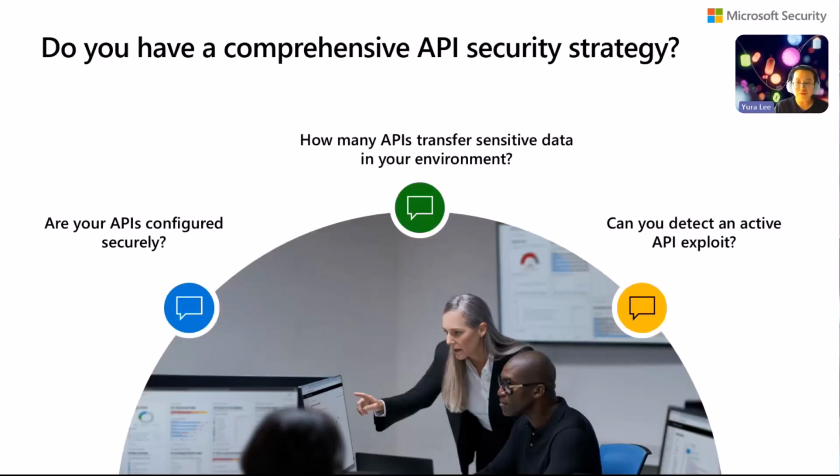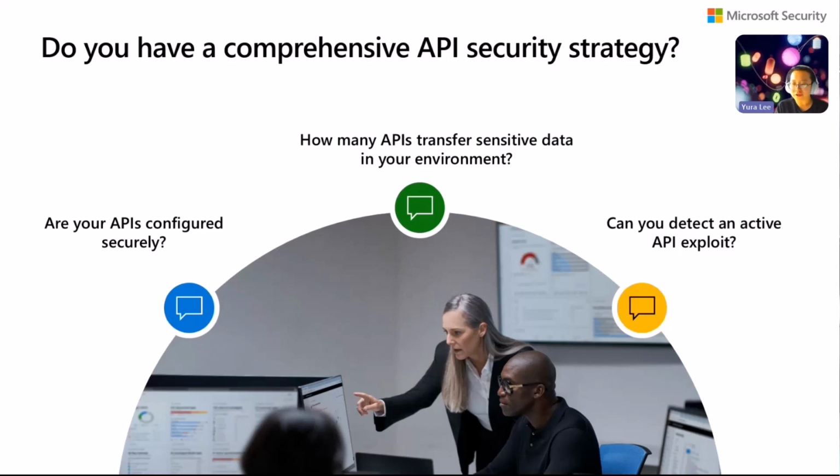And so this is why we're asking a couple of our customers a few fundamental questions to help better understand what API security is and help customers realize that this is something you should be paying attention to. As you see on the slide here, we're asking: are your existing APIs in your enterprise configured correctly?